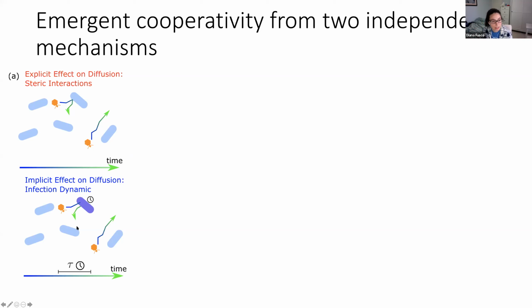The second one, which we call the implicit effect, is due to the infection dynamic, and it's due to the fact that the virus, while it's infecting the host, is not capable of diffusing. So it's trapped for a certain period of time, tau, inside the host, unable to diffuse. And with a simple well-mixed argument, one can show that this hampering effect is also density dependent, obviously. So the more bacteria we have, the more the virus will be trapped.